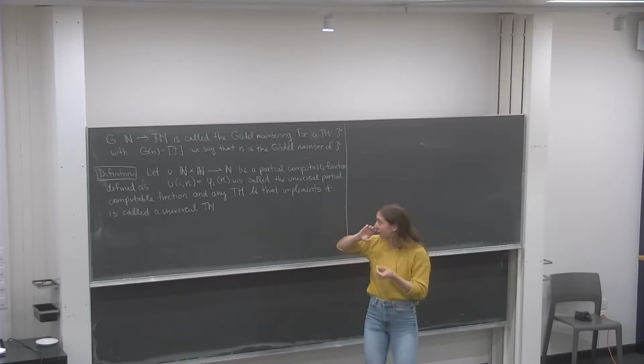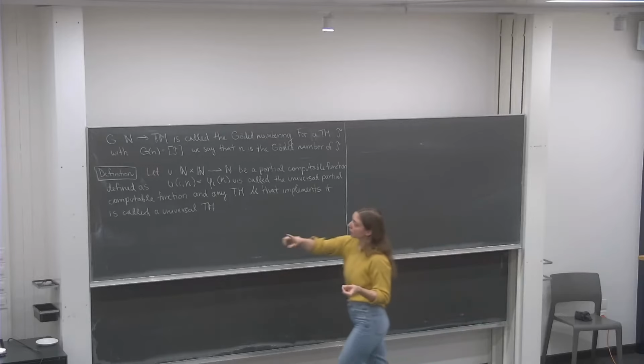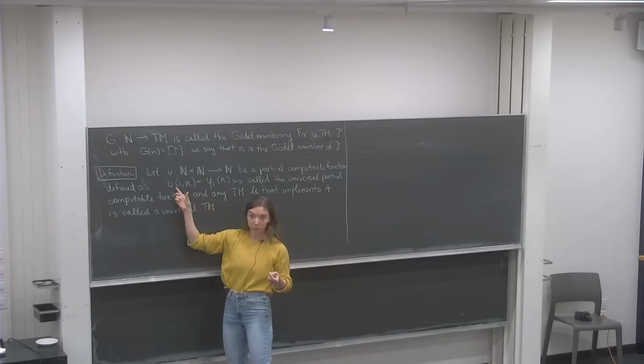So is this a definition or a theorem? We should technically check that U is truly a partial computable function, right?